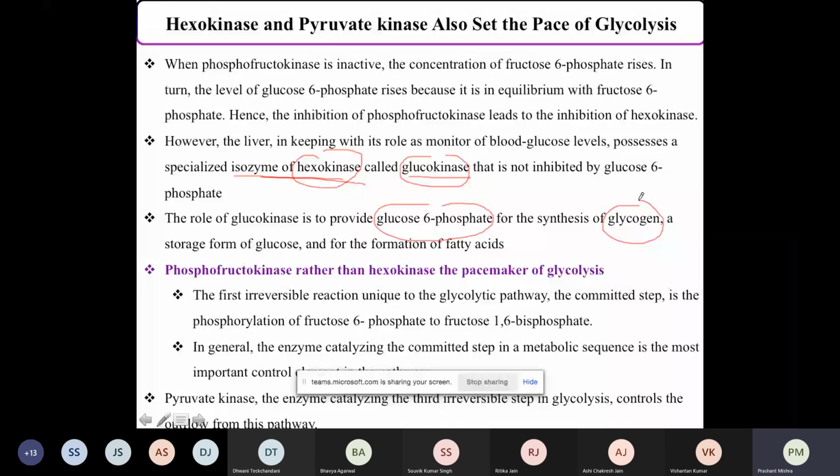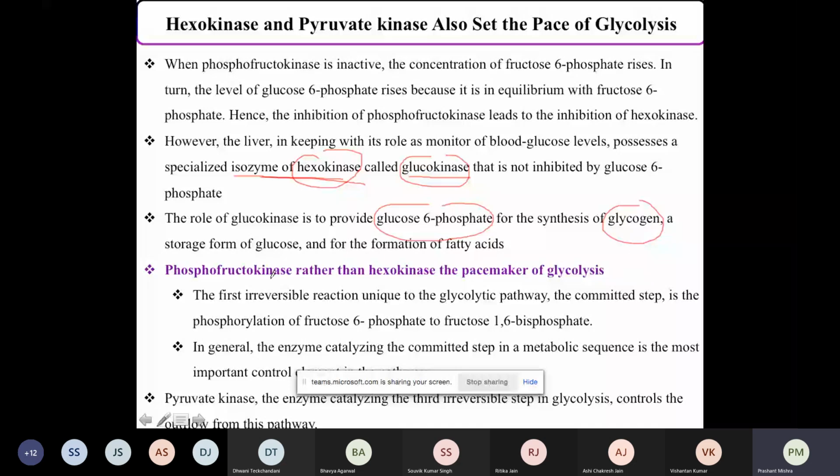This part we have talked about. So when you are inhibiting hexokinase, which inhibition is coming because of the excess of fructose 6-phosphate present in the system, this kind of mechanism can be taken care of where glucose 6-phosphate can be produced for glycogen synthesis.